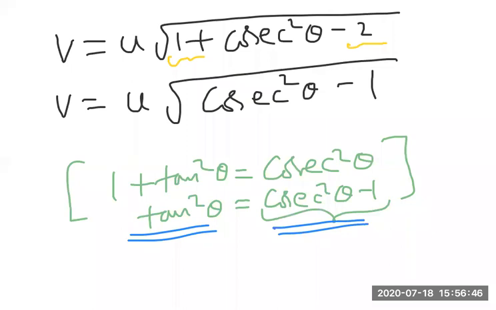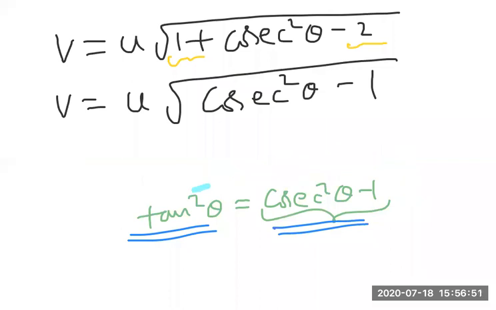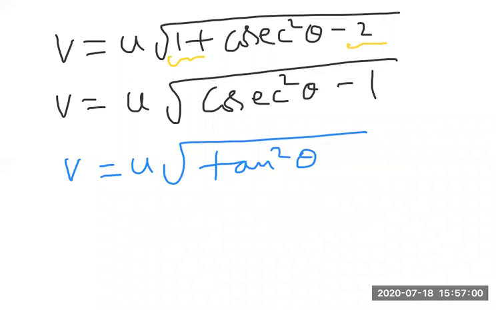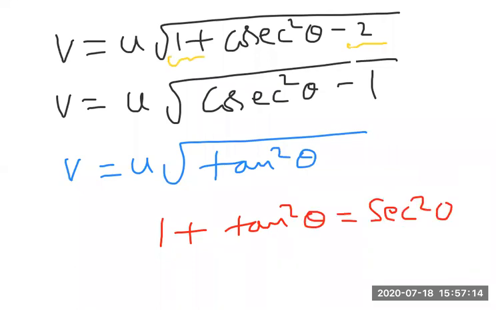Wait, no, beta: 1 plus tan square theta is secant square theta, and 1 plus cot square theta is cosecant square theta.